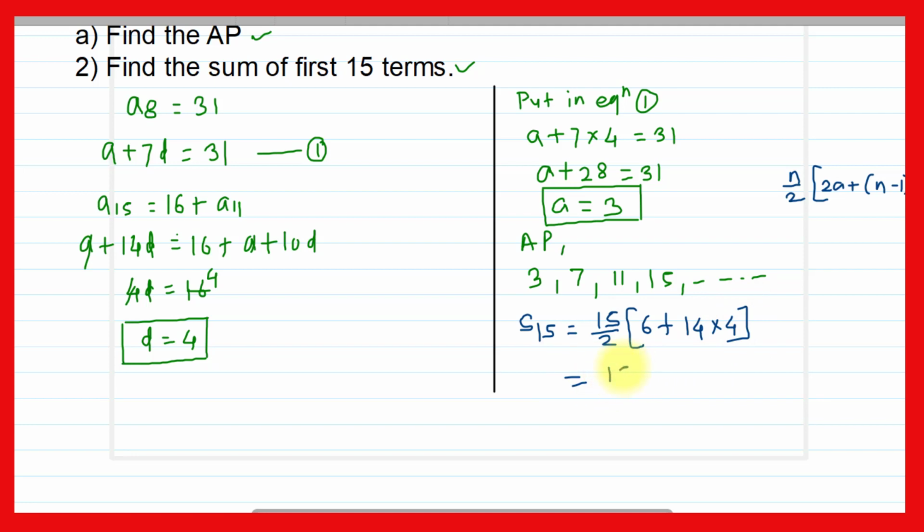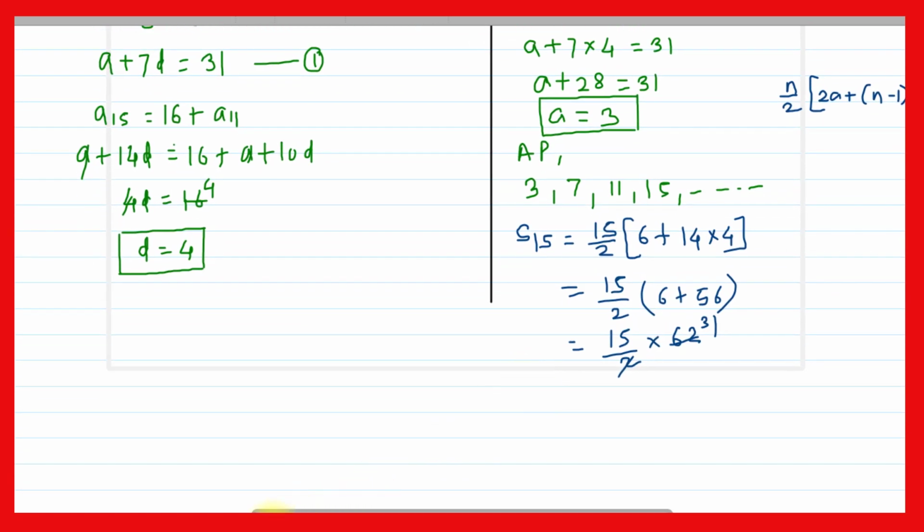So that is equal to 15 by 2 into bracket 6 plus 56, since 14 fours are 56. So it will be 15 by 2 into 62, divide by 2, 2 ones are 2, 2 threes are 6, 2 ones are 2, and so here you will get S15 equal to 15 into 31.